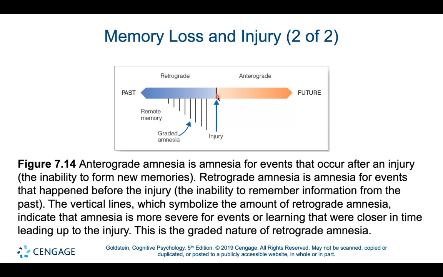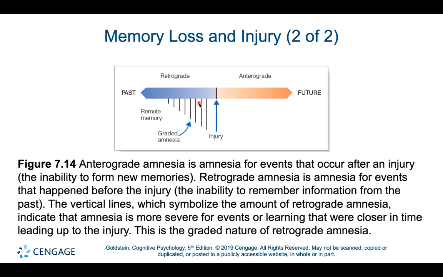Now, what actually ended up happening is that I forgot what happened that day at school. I lost my memory for the previous day. Wrestling practice is happening at 5 p.m., 6 p.m. after school. I had retrograde amnesia, and I couldn't remember anything from the previous day.